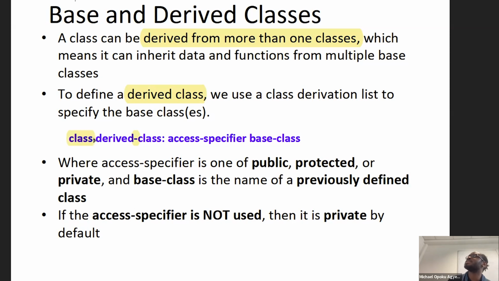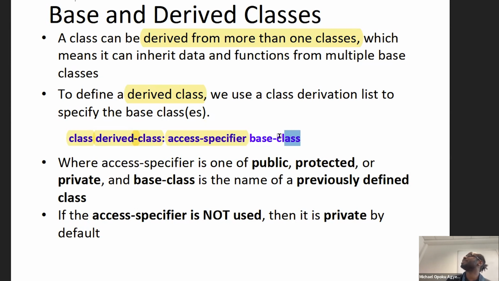So we've got a class, we've got a derived class, which is the name of the child. Then we've got the specifier there, and then we have this particular access specifier, which can be public, private, or protected. That will decide how we are inheriting what we are inheriting from the base class.